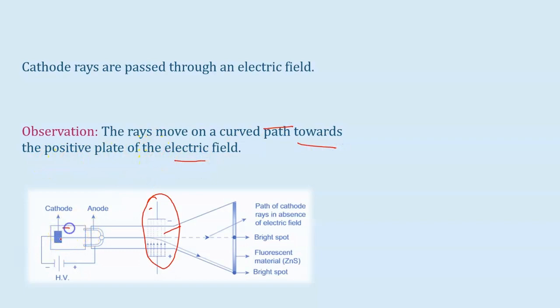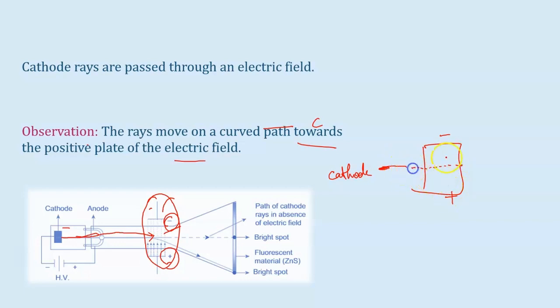From the cathode, the rays are coming; at one end we have a negative charge and at the other end a positive charge. The cathode is negatively charged. When the rays go towards this electric field, what is happening?